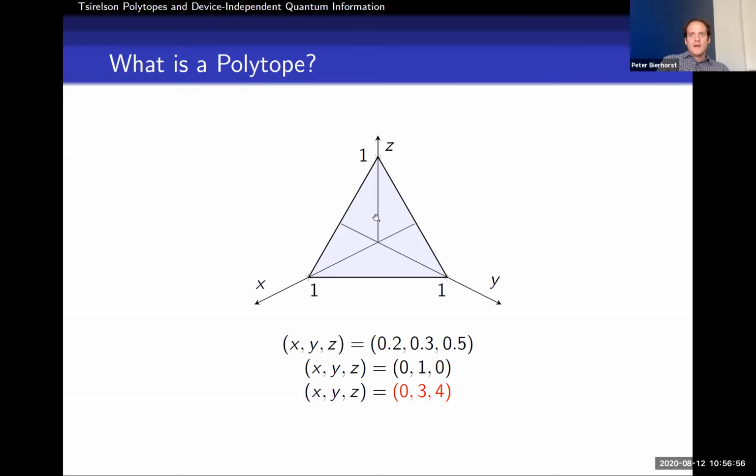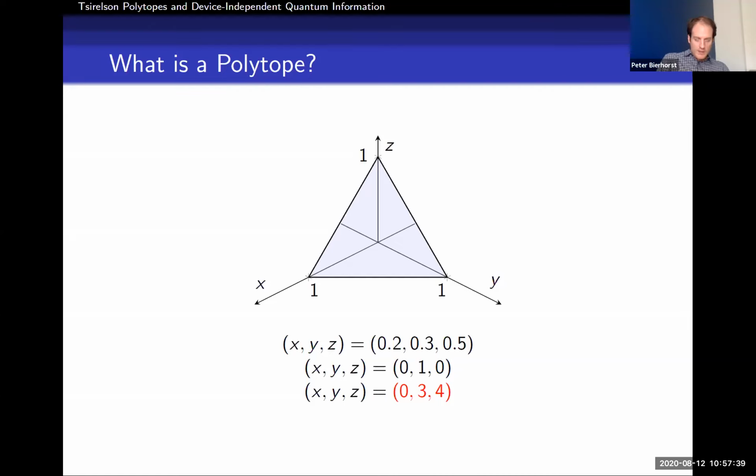Then you're not going to be able to get a probability distribution that looks like this middle one, where you get y with probability 1. You could vary your projection directions and you might get different valid probability distributions, but maybe the quantum set of valid probability distributions could just be some stuff in the middle of this triangle, and then there would be some probability distributions that you would not be able to obtain by measuring this particular mixed state. So we're going to be talking about subsets of probability distributions that are valid quantum distributions.